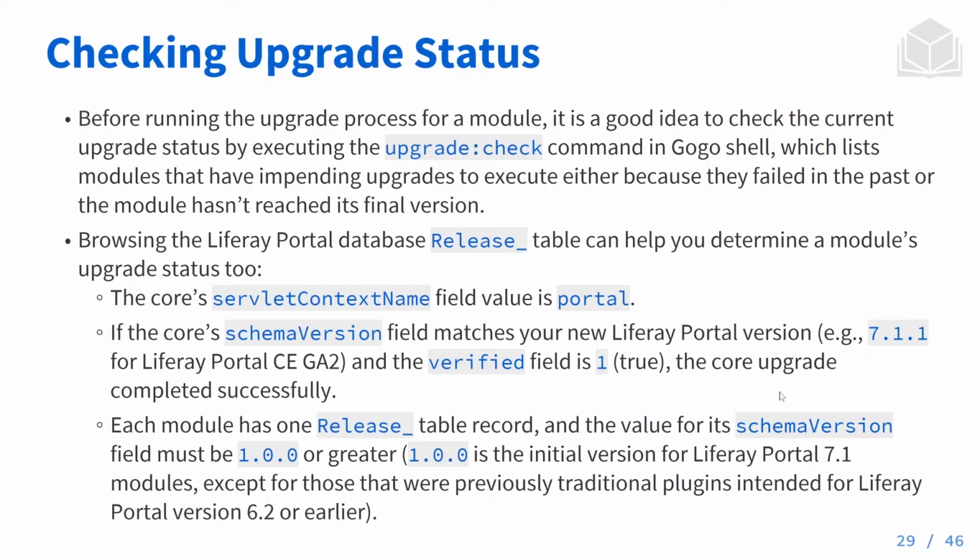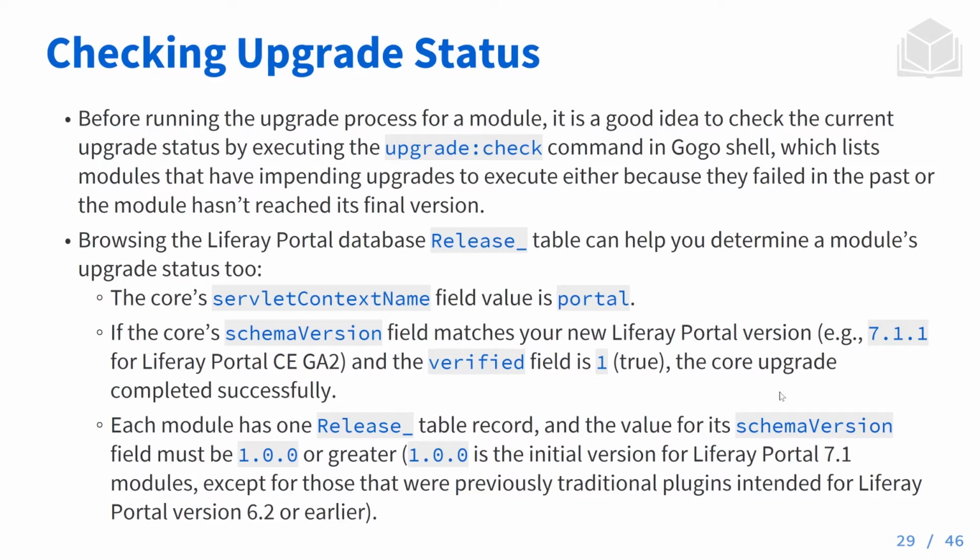So we've run the upgrade tool. It's gone through and upgraded the core, and let's assume that everything is successful, going from 7.0 to 7.1. Let's just pretend that. And so we hit the module upgrade path, and now we want to upgrade our modules one by one. One of the things that you may want to do beforehand is ensure that the modules we're about to upgrade are in a good position to do so. One way you can do a quick check is by using the check command.